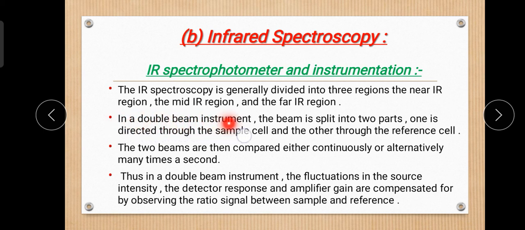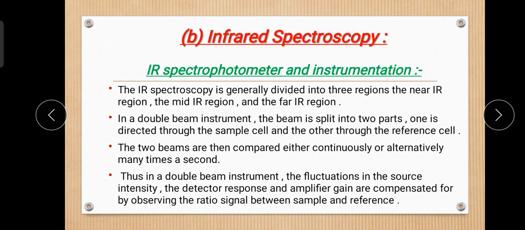In a double beam instrument, the beam is split into two parts. One is directed through the sample cell and the other through the reference cell. In the IR spectrophotometer we have to consider two quantities: the sample, and second the standard or reference cell.